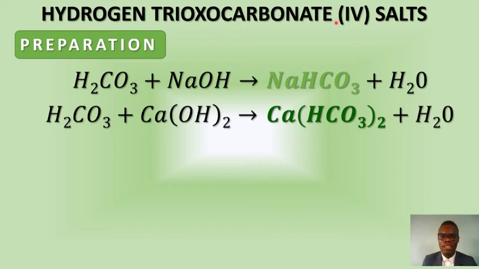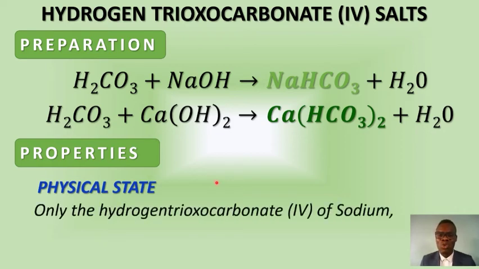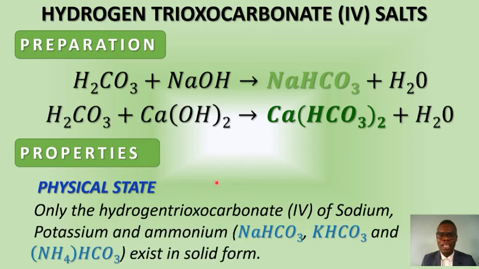Now let's quickly discuss the properties of these acid salts. Firstly, their physical properties. One will assume that they will all be solid at room temperature, but we find out that only the hydrogen trioxocarbonate 4 of sodium, potassium, and ammonium exist as solids at room temperature.